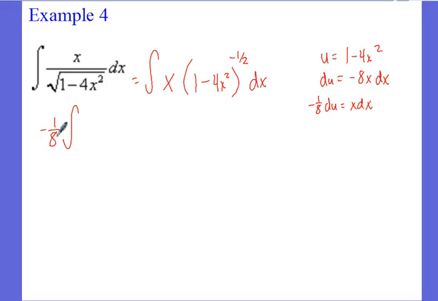I can pull out the negative 1/8 now. Is that okay? Pull out the negative 1/8 now, and then I'll have what left? u to the negative 1/2 du. We good? Okay, so now integrate.